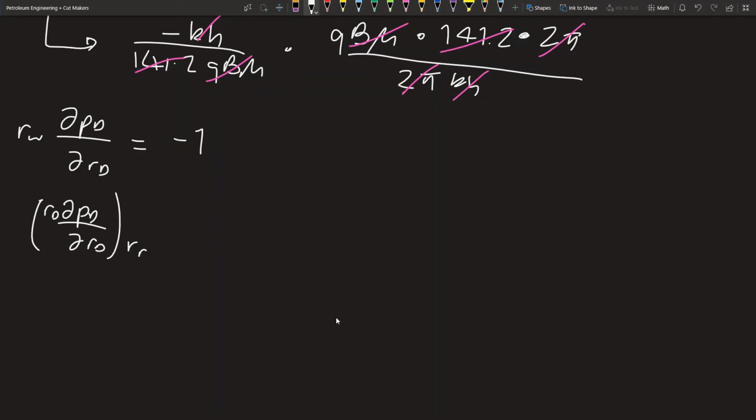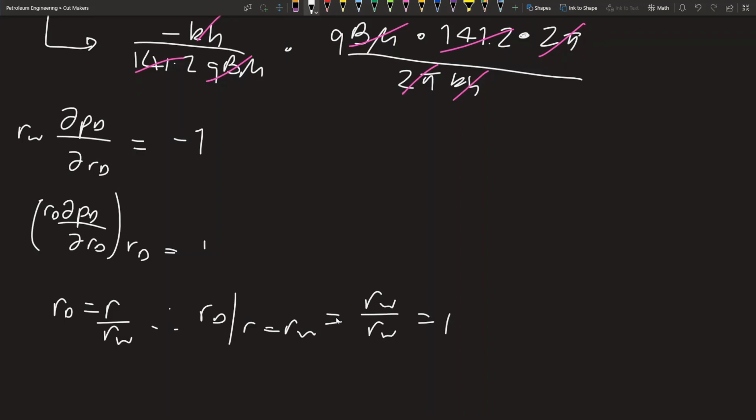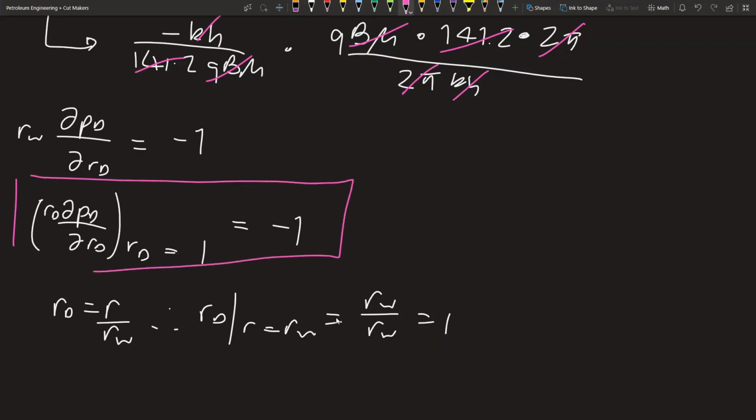So now, what's the value of the dimensionless radius at rw? So rd is equal to r over rw. Therefore, r sub d at r equals rw is equal to rw over rw, which is equal just to 1. Alright, and this is our inner boundary condition.